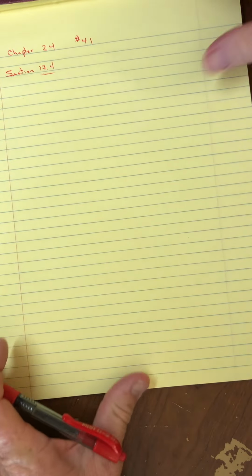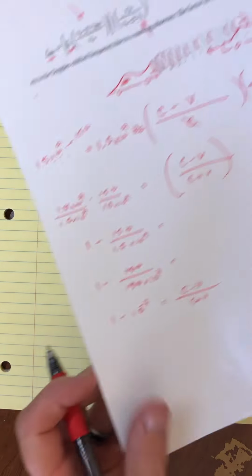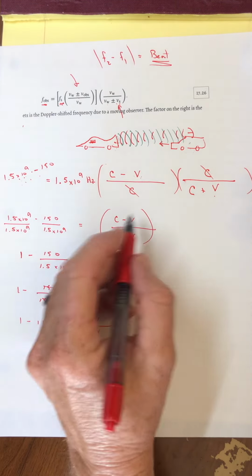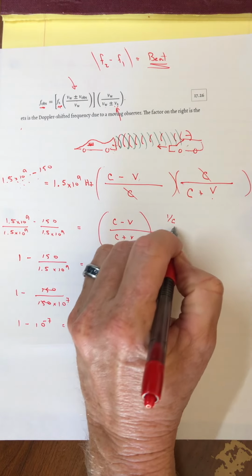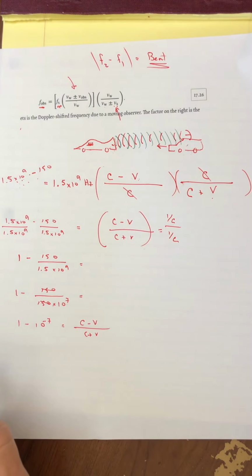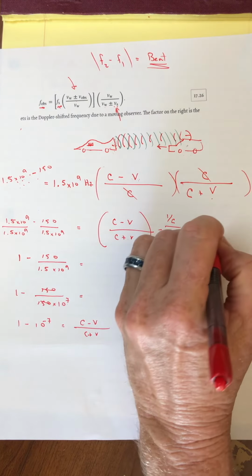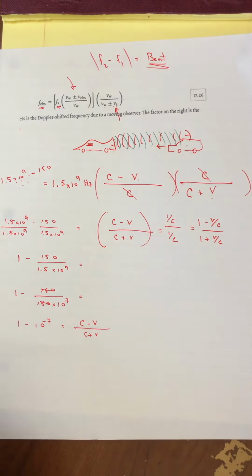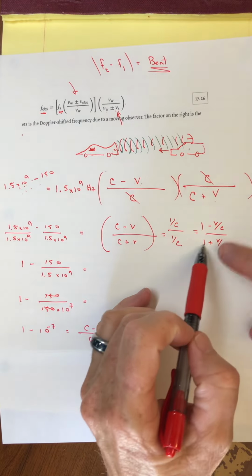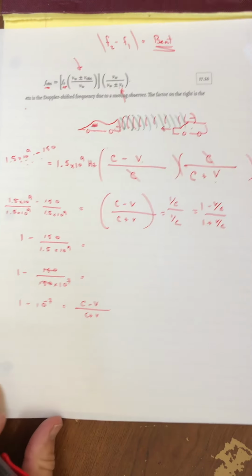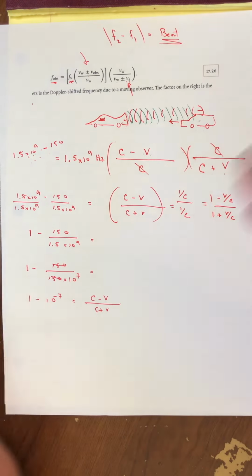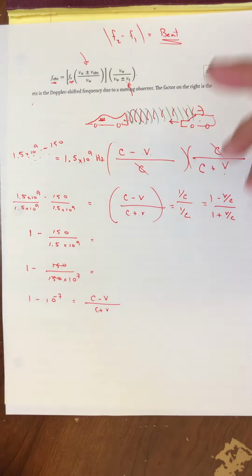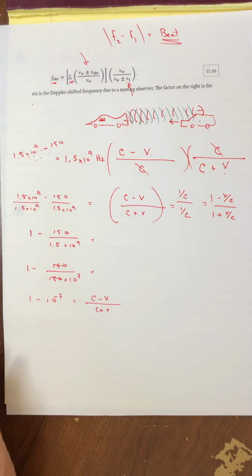Let me multiply the top by 1 over C and the bottom by 1 over C. Because if I do that, this becomes 1 minus a little bit, and this becomes 1 plus a little bit. So we've got ones and a little bit everywhere. Because of that, we can end up dropping off the ones on both sides and just comparing a little bit with a little bit. That's the approach your author took.